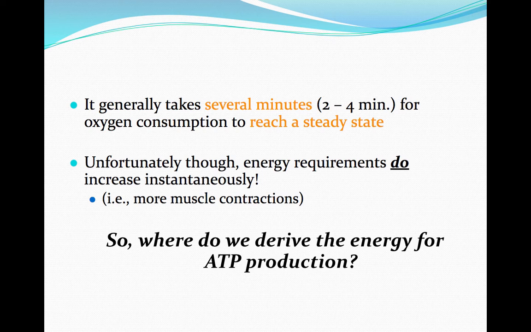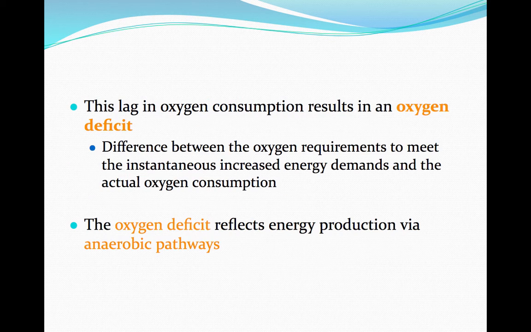But your energy requirements are increasing instantaneously because you have more muscle contractions. So you're going to rely a little bit more on anaerobic pathways. So that lag in oxygen consumption is what we call oxygen deficit. It's the difference between the oxygen requirements to meet the instantaneous increased energy demands and the actual oxygen consumption.